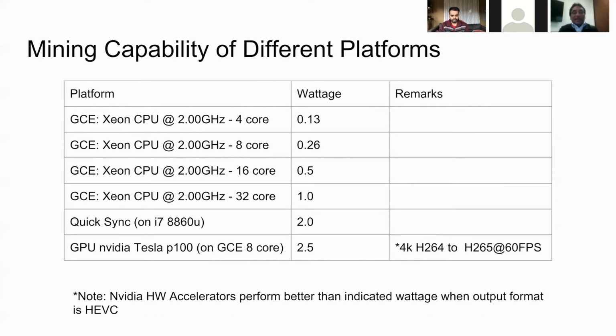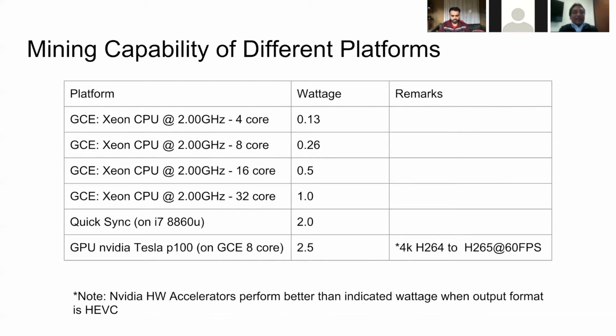But in case of QuickSync, it uses a fixed function encoder as well as decoders.